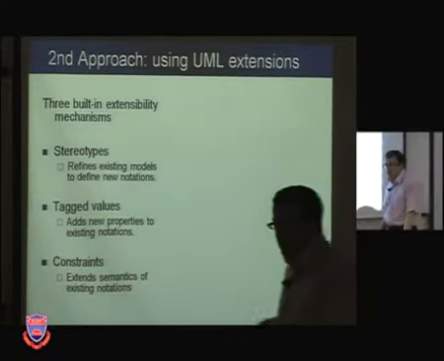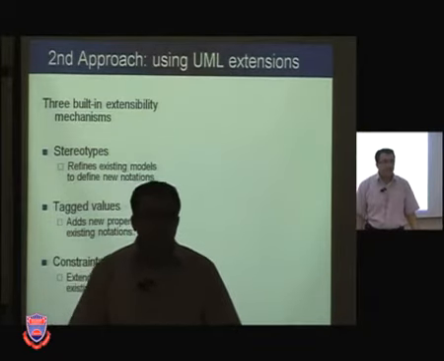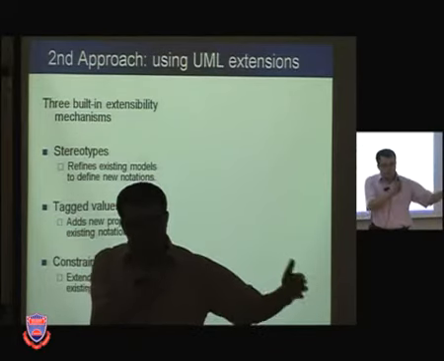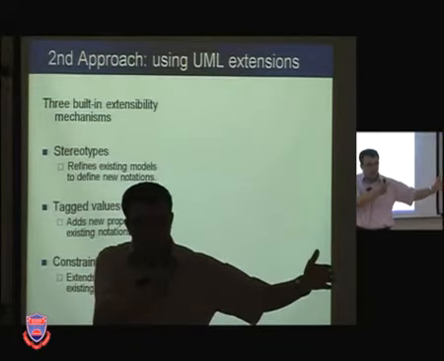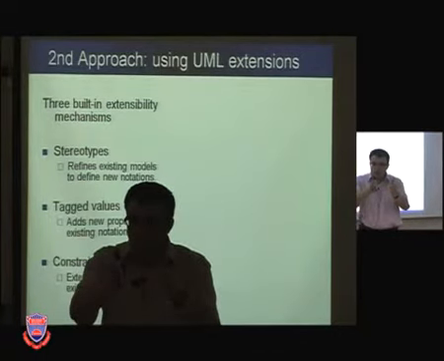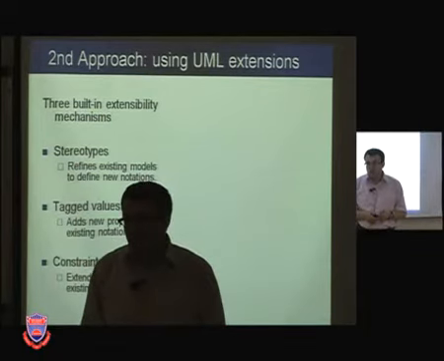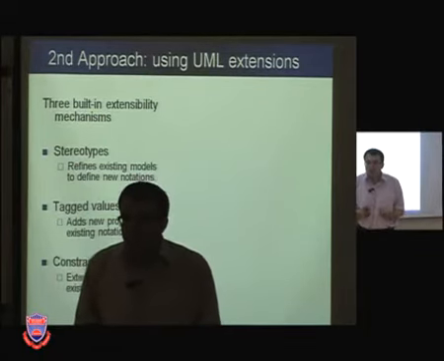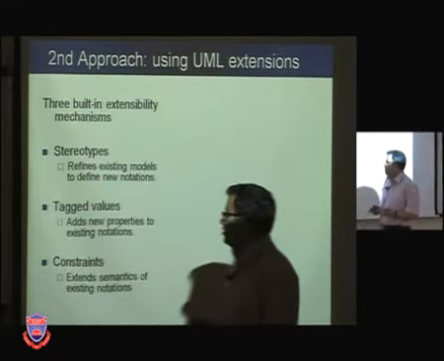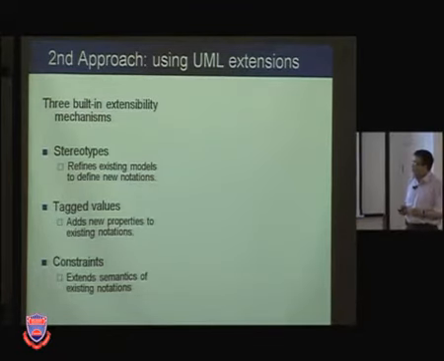We say UML is a general purpose language, but it also represents a family of languages. So it represents some core elements, but also extension mechanisms which can be used to customize the existing elements for different purposes. And there are three different elements that you can use.